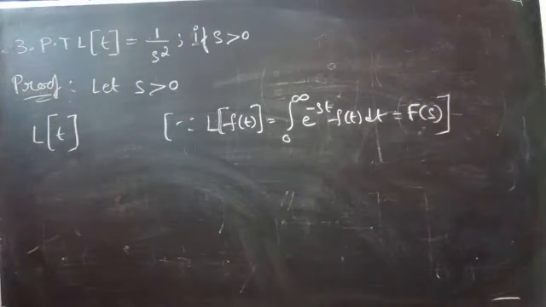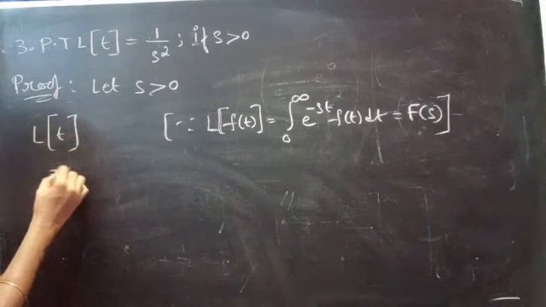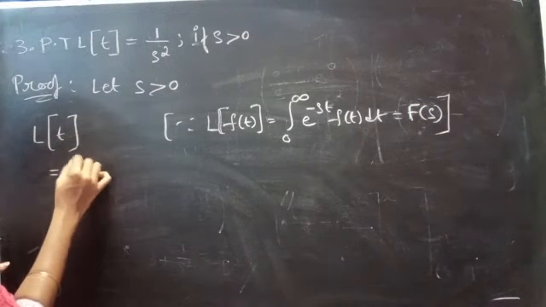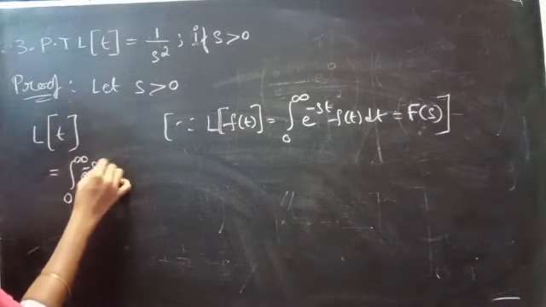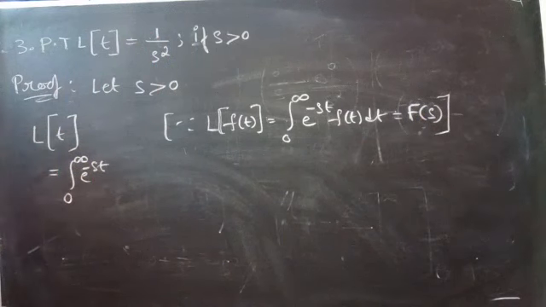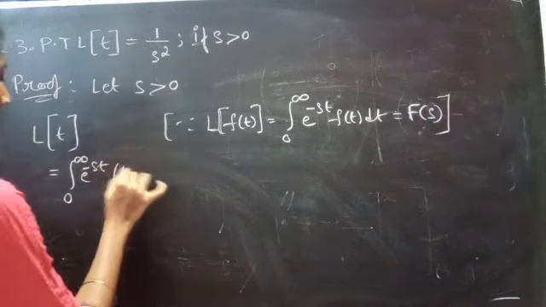Okay, so we can write it as integral from 0 to infinity e power minus st, since you have t in the place of f of t, so your function is t here, right, into t into dt.